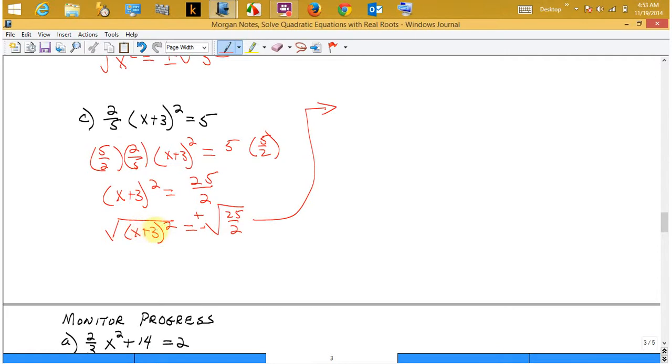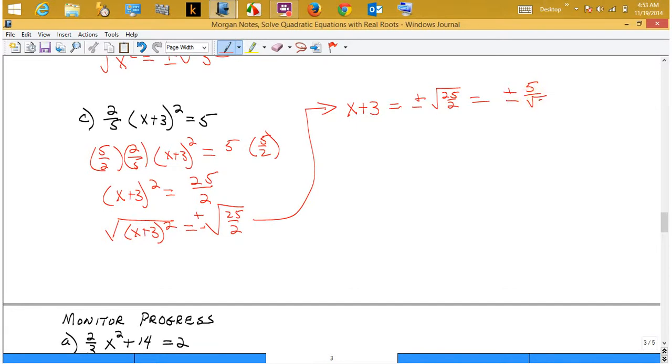So the square root of x plus 3 squared is going to be x plus 3. And on the other side, I'm going to have plus or minus the square root of 25 all over 2. Well, the square root of 25 over 2 would be equal to plus or minus 5 all over the square root of 2.